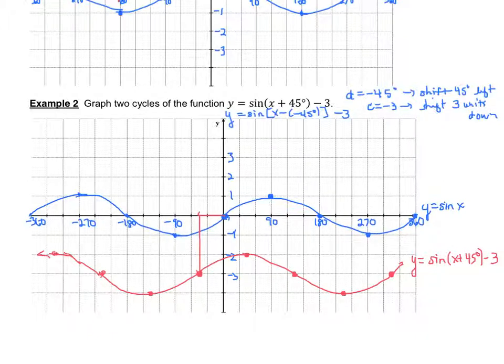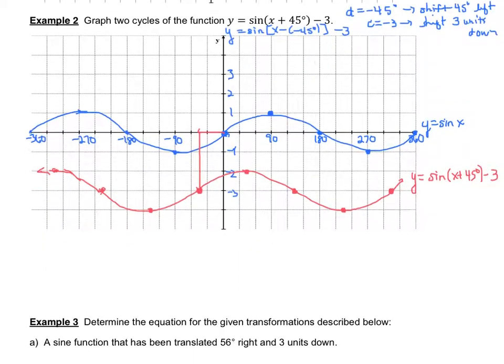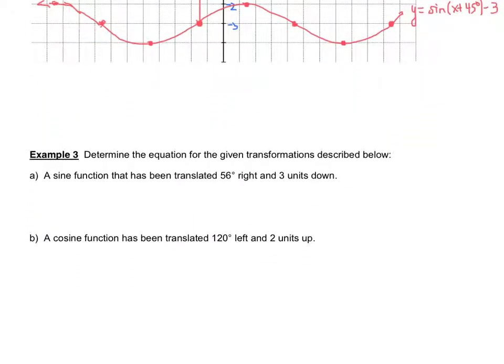Okay, in your next example, we're asked to determine the equation given the translations in words. So the first one says the sine function has been translated 56 degrees to the right, so there's our phase shift, and 3 units down.